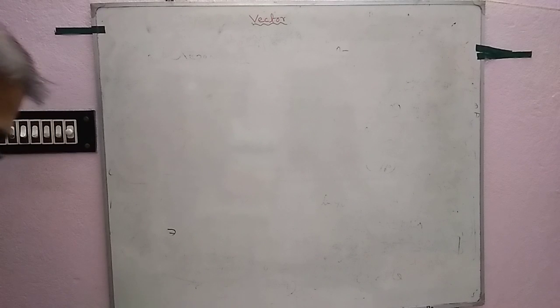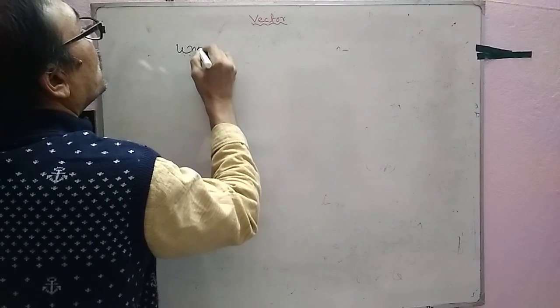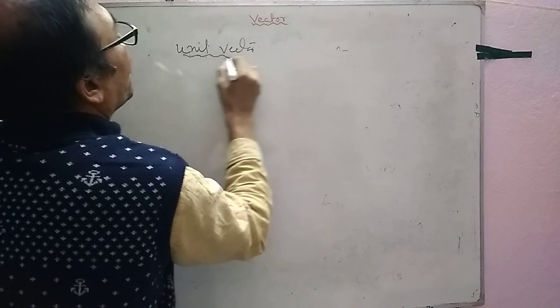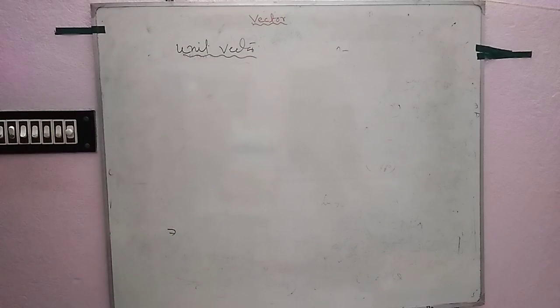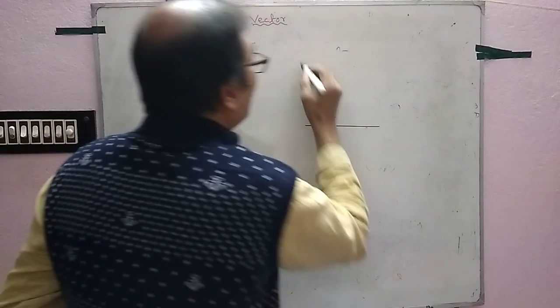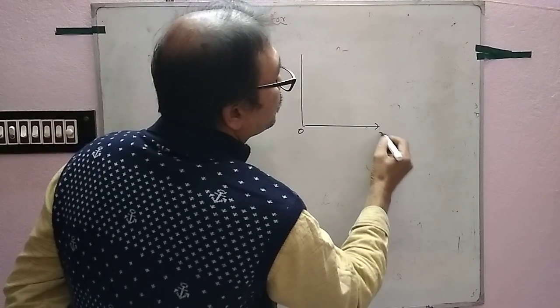Position vector and unit vector. I discussed the unit vector in the first class lecture. What is a unit vector? The vector which has magnitude one and has direction. Follow, this is a rectangular coordinate system OX and OY.